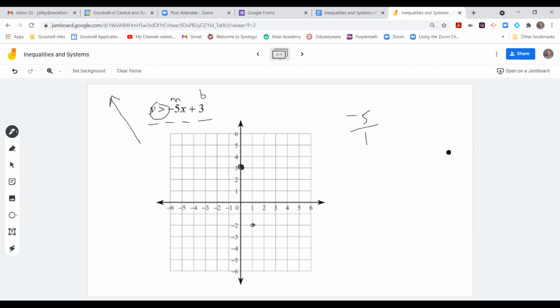It's not 5, it's not negative 5 over 0, it's negative 5 over 1. So now I can put my dashed line in there. Not very straight, obviously. It's supposed to be straighter than that. Greater than. Now my shading's going the other side of the line, above the line.